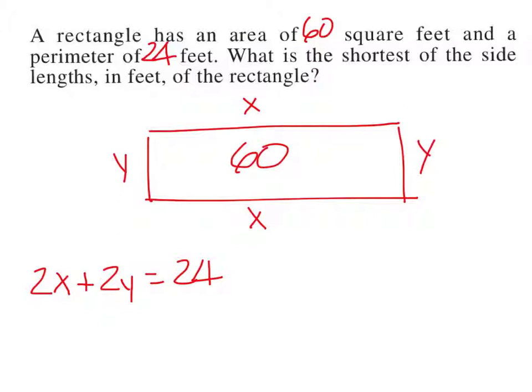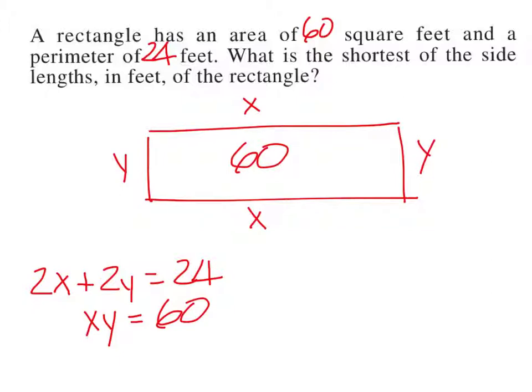What's the formula for area? X times y. So x times y equals 60. Does everybody know how I got 2x plus 2y equals 24? That's the perimeter. I just added all the sides up and then simplified because you have 2x's and 2y's.